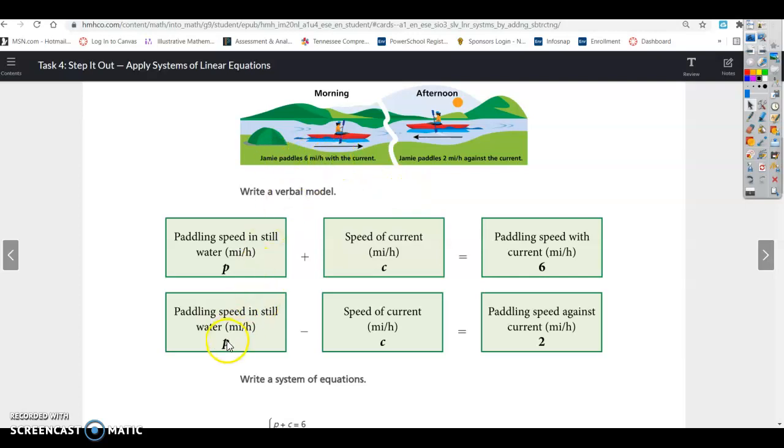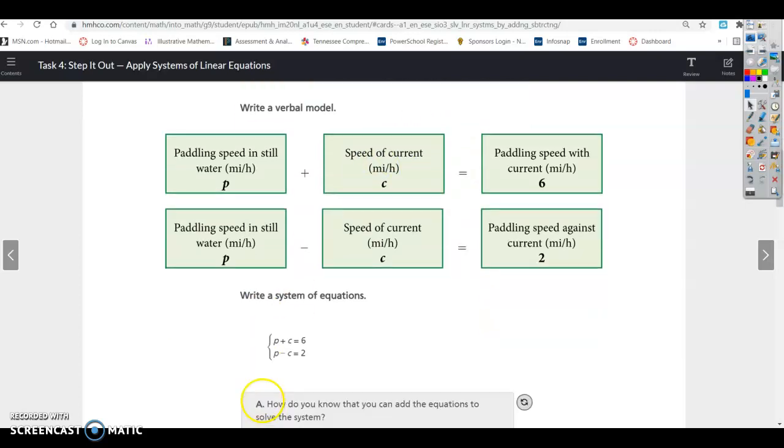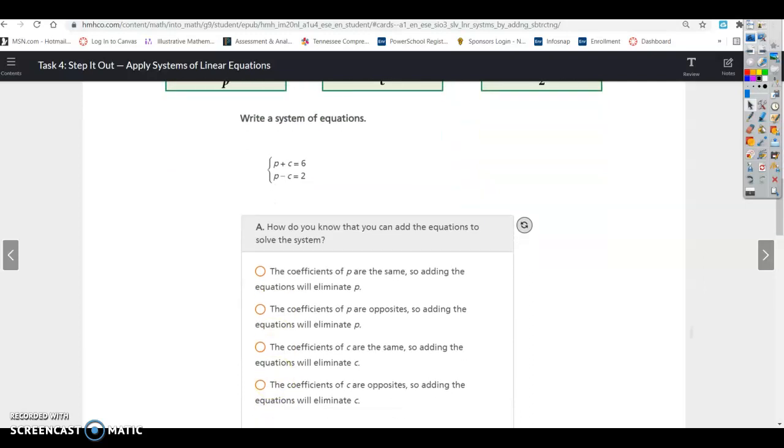And then in the afternoon, paddling speed in still water, P, minus speed of the current, C, equals paddling speed against the current, which was 2 miles per hour, given in the picture here. All right, so we've got P plus C equals 6, and P minus C equals 2. All right, so this is our system of equations.